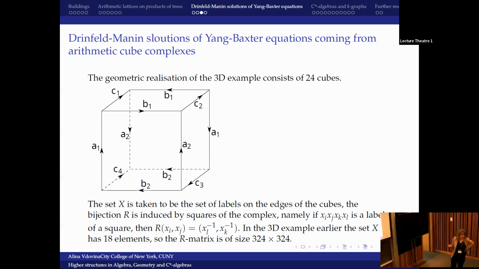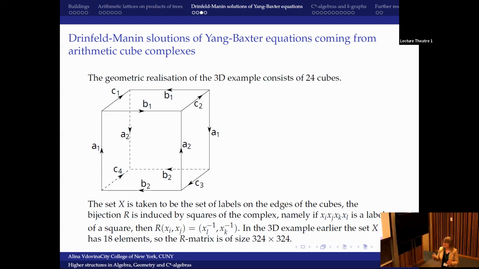So I had relations containing A, B, B and C, C and A, and you put them on the sides of the cubes. And in the example before, we have 24 cubes. I think it's something like 18 relations, but they can be arranged in the cubes. But of course, with the cubes, your life becomes more complicated when you glue the cube complexes, because what is also important is that you have the faces.